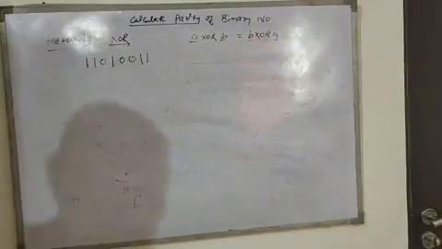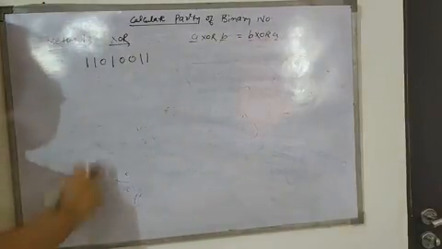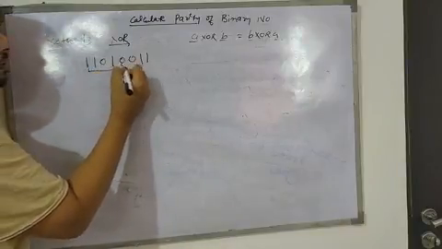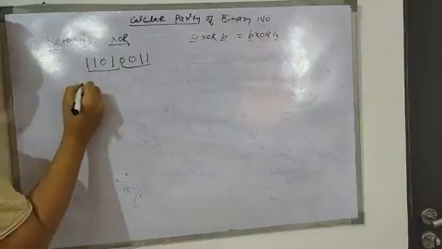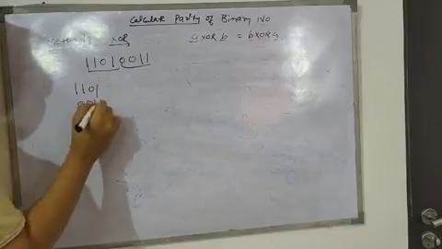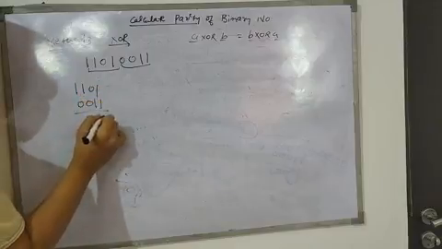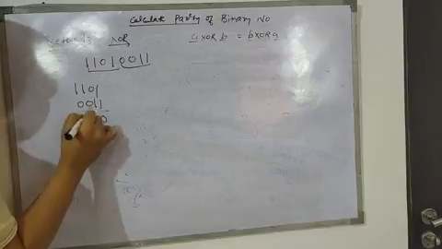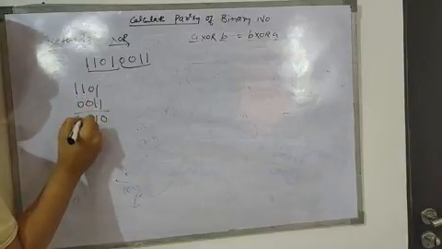Let's try to calculate the parity for this number with the help of XOR. First I will divide this number into two parts and do XOR. So if I do XOR of 1 0 1 0 and 0 1 1, so 1 1 XOR will be 0, 0 1 will be 1, 1 0 will be 1 and 1 0 will be 1.